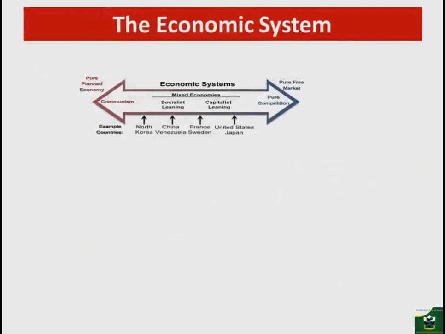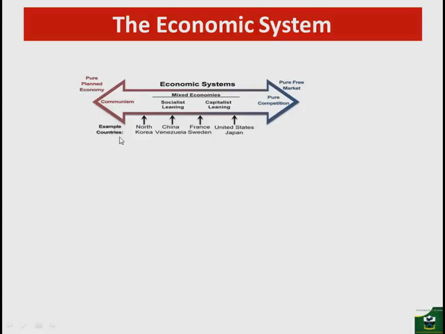Okay, so in summary, when we have an array of the economic system, we are moving from a purely planned economy to the purely market economy. Some of the countries that would fall in the communist state include North Korea.